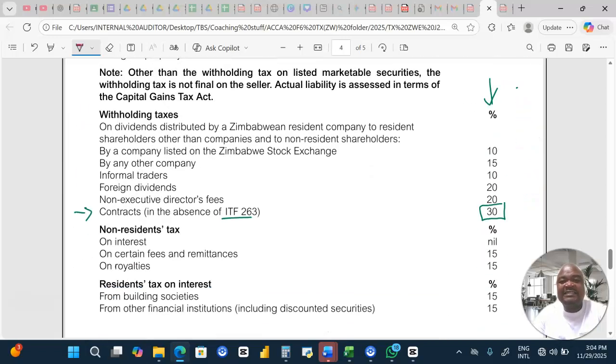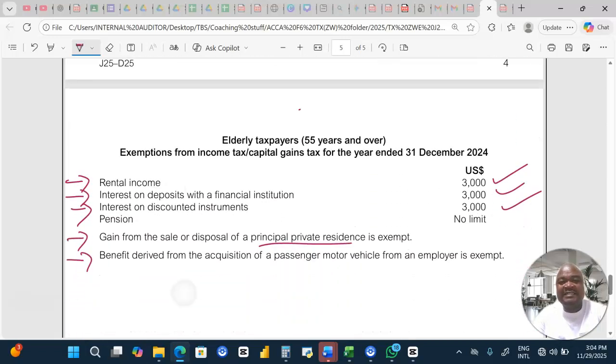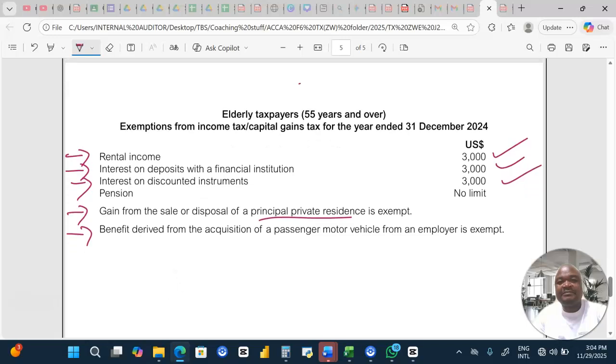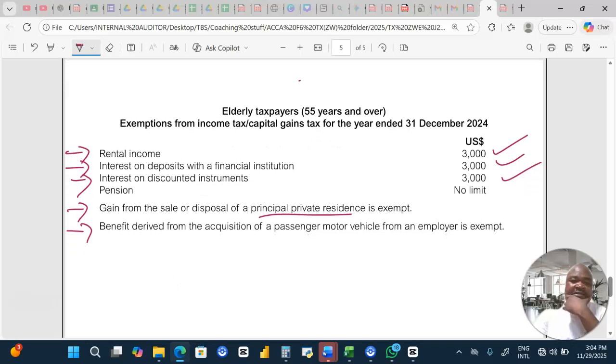Like I said, you just have to pick the relevant things related to capital gains. So if you get a similar question and the examiner is not explicit, you can use these amounts.